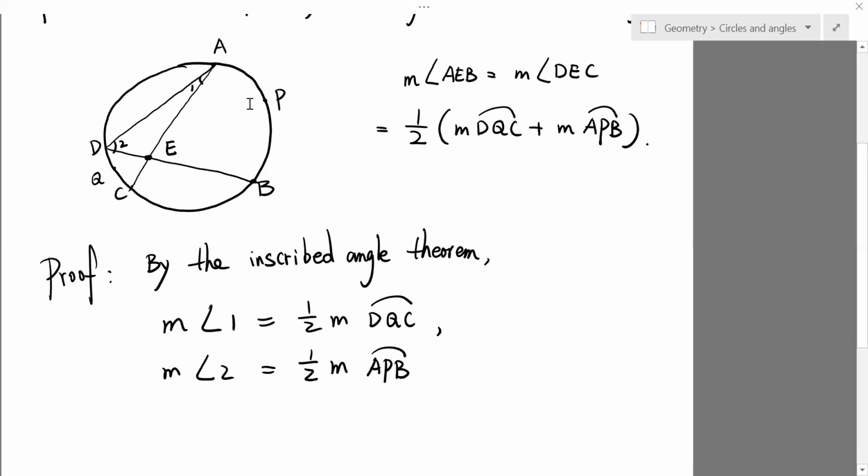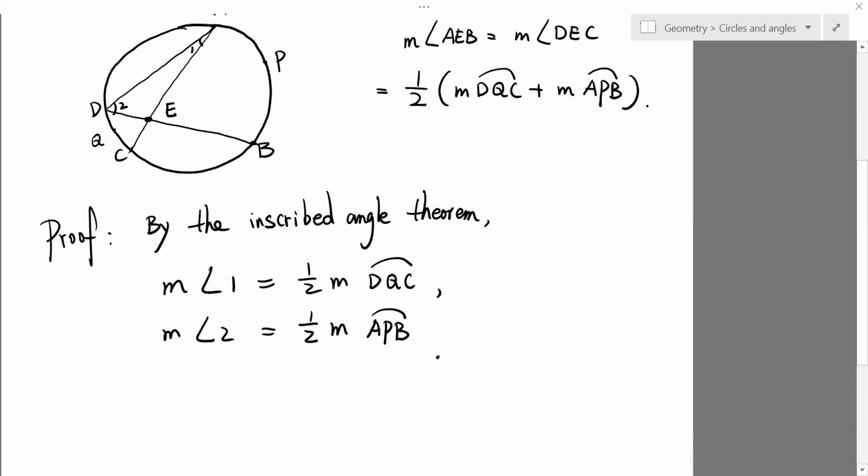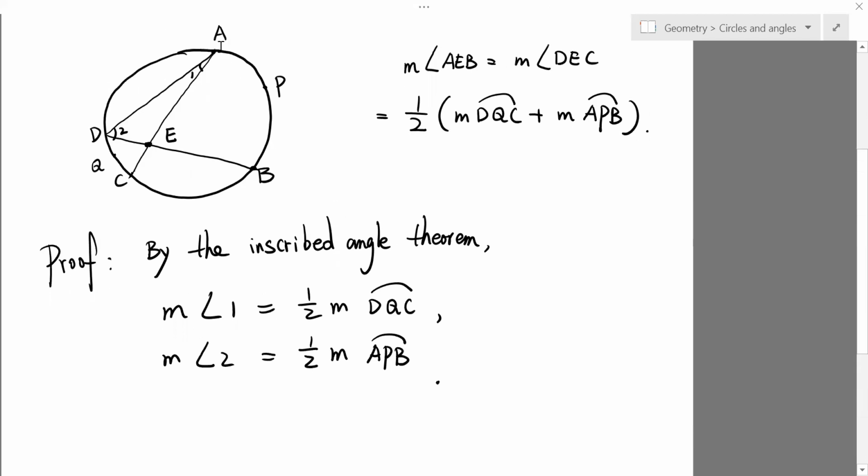Now let's look at the figure. The angle AEB is in fact an exterior angle of the triangle AED, with angle 1 and angle 2 as the non-adjacent angles to this exterior angle AEB.